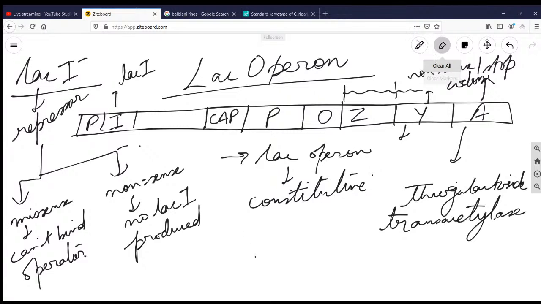It will never be under any kind of repression or any kind of silencing, always expressed. So these kinds of questions are very helpful when you try to solve any kind of lac operon question.